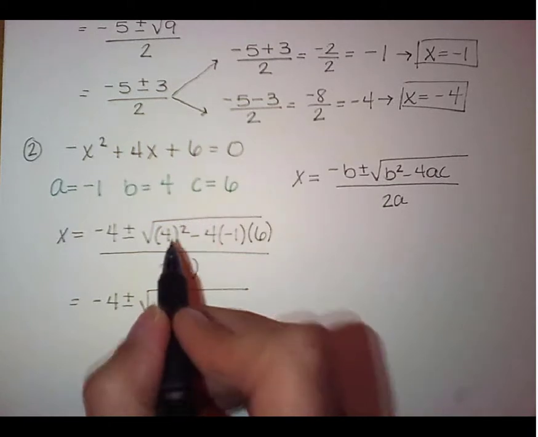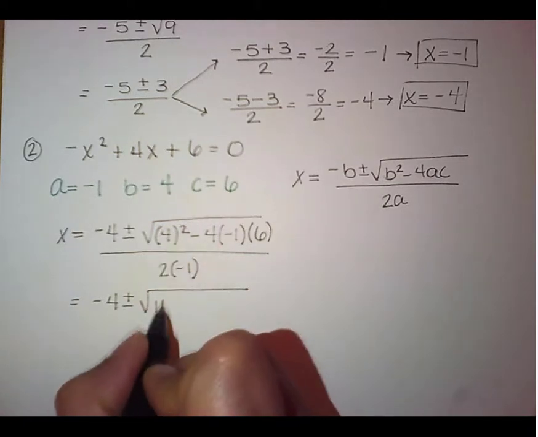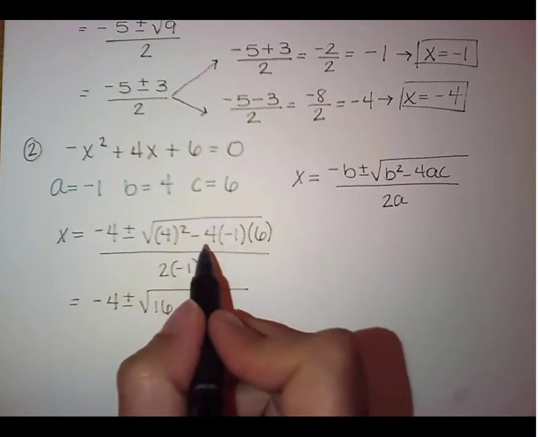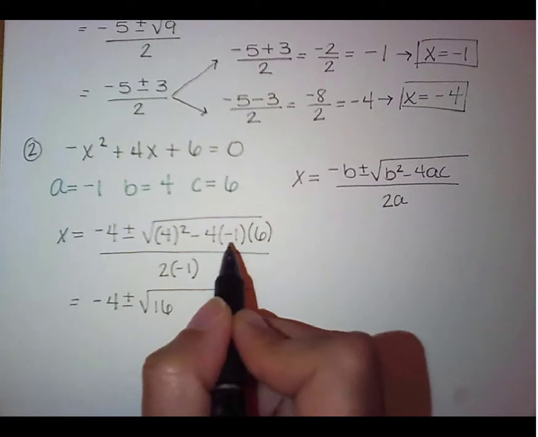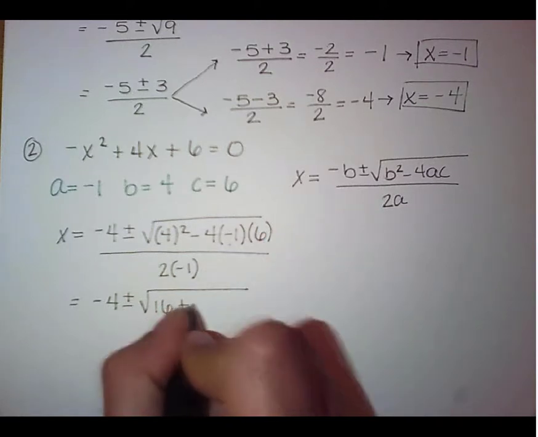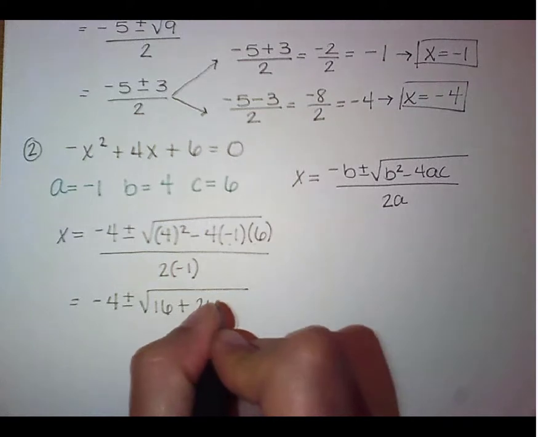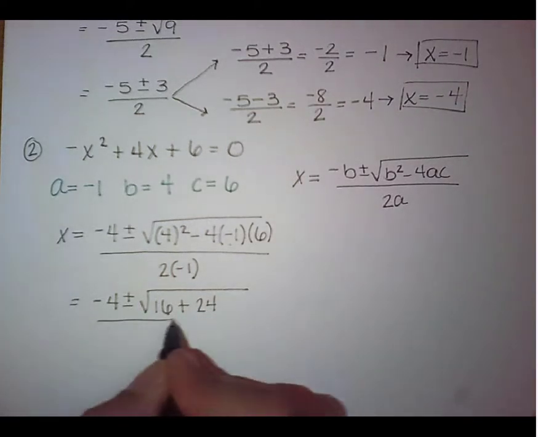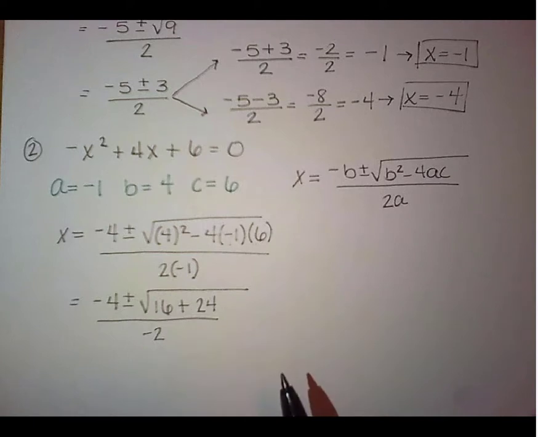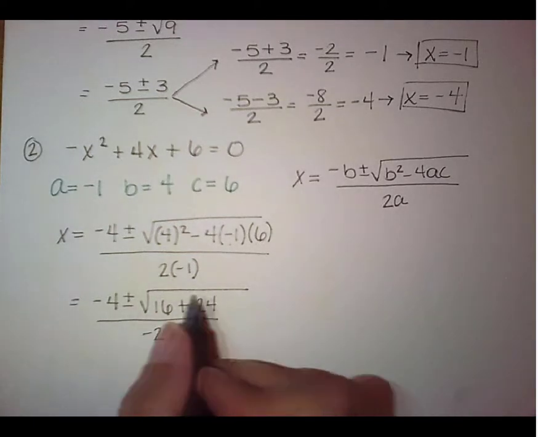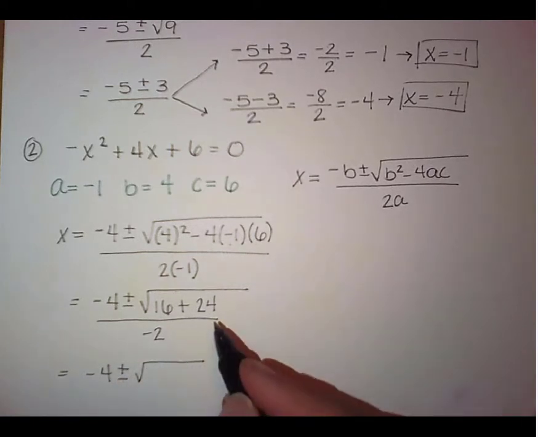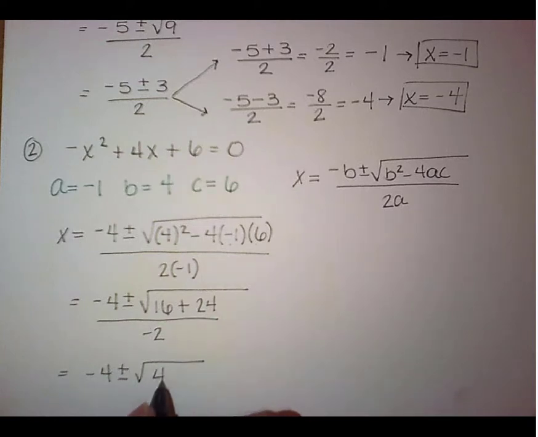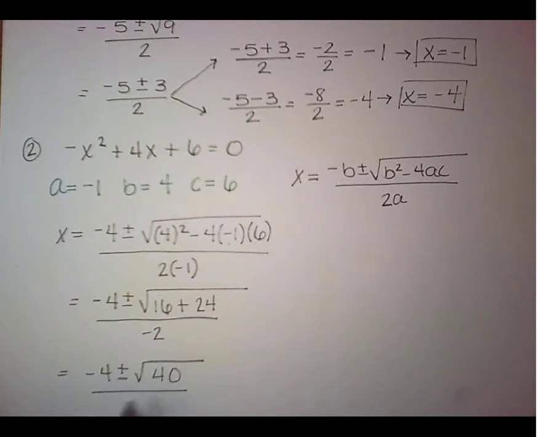So we're going to have 4 squared, which is 16. We're going to do -4 times -1, which will give us a +4. And then +4 times 6, which would be a +24 over -2. So now we want to add 16 and 24. So we get -4 plus or minus the square root of +40 over -2.